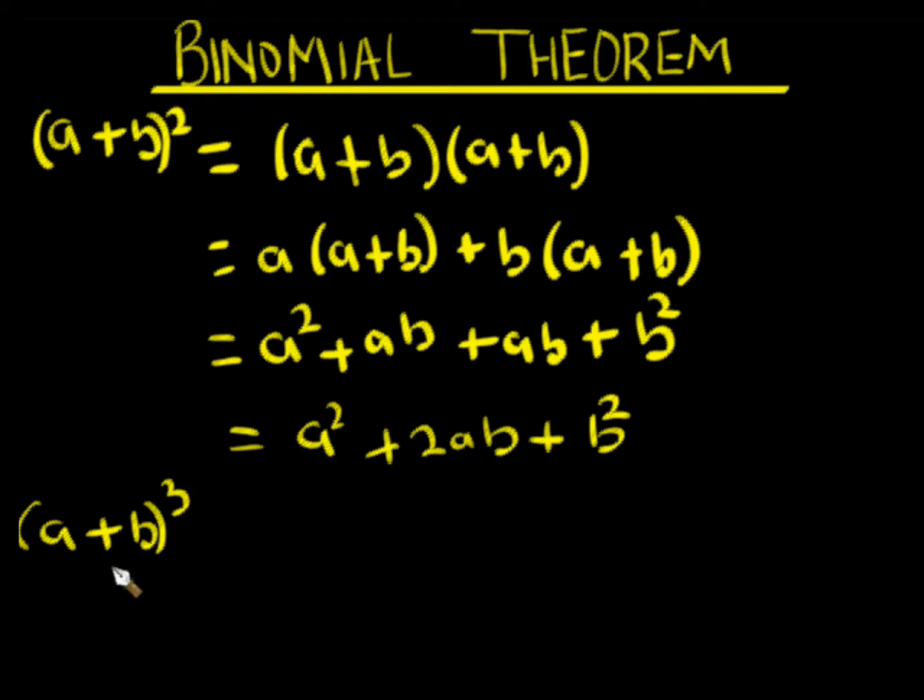For example, we could have (a + b) raised to power 3, (a + b) raised to power 4, or (a + b) raised to power 10. It will be a lot more difficult if we are opening up the brackets in this manner. This is where the binomial theorem comes into place.